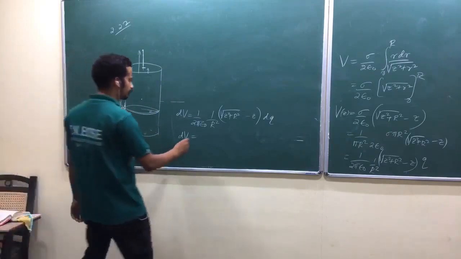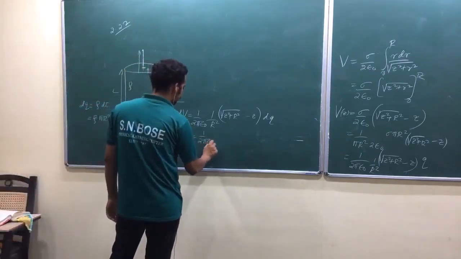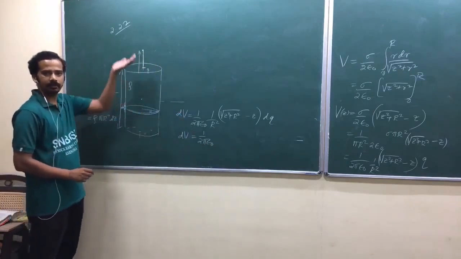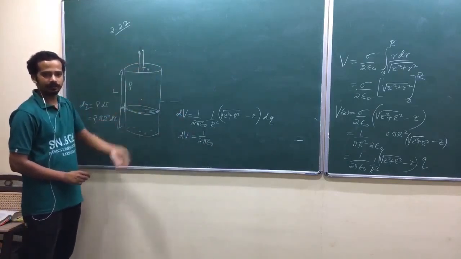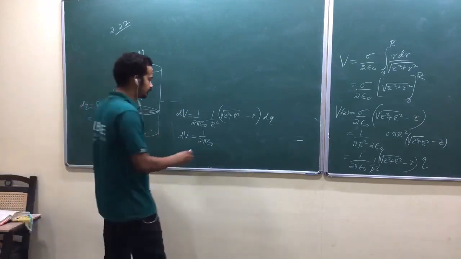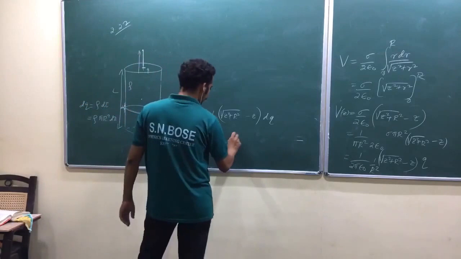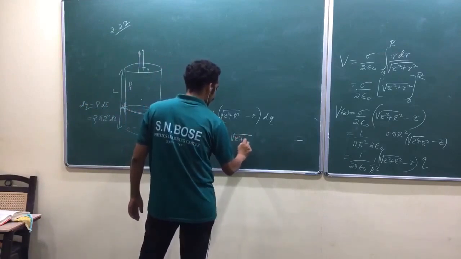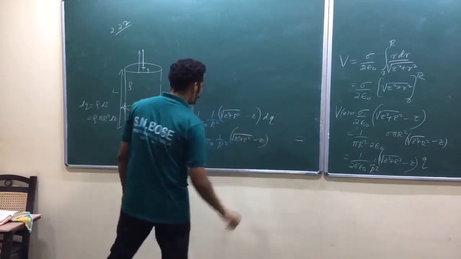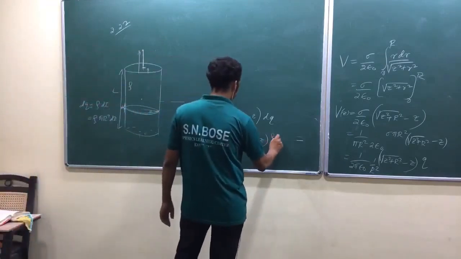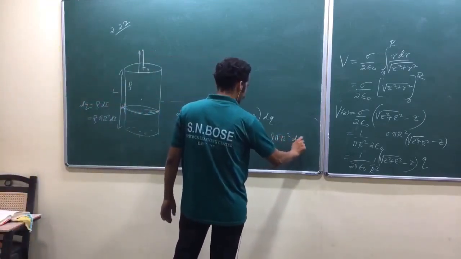So now the elementary potential is equal to 1 by 2 pi epsilon naught. Now look at here, potential will get added, okay? From here to here, potential will get added. That's why I'm feeling somewhere we may make some mistake. Yeah, be careful. Root of z square plus r square minus z. What is dq? Rho pi r square dz.